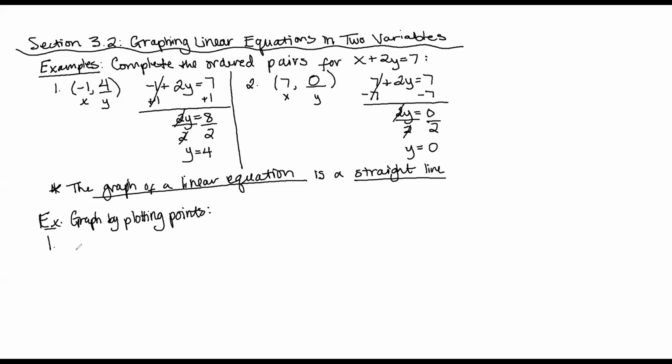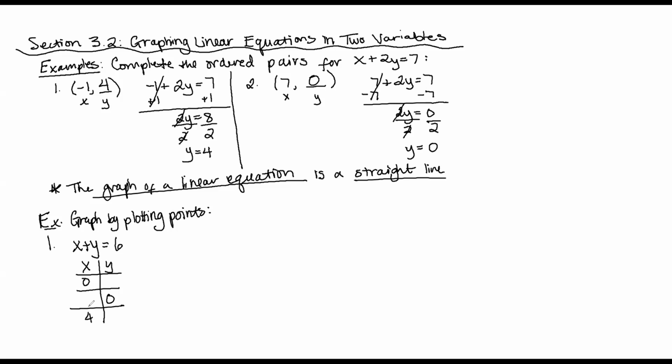Number 1, we're given the equation x plus y equals 6. And we're also given the table that's partially filled out with x on the left, y on the right, 0 for x, 0 for y, 4 for x. And so for this one, we want to fill in this chart. And so normally, if you were just given the equation, you only need to find 2 points. This one, they want us to find all 3, so let's go ahead and do that.